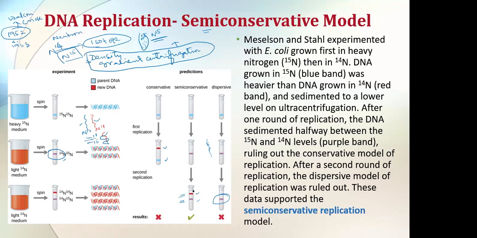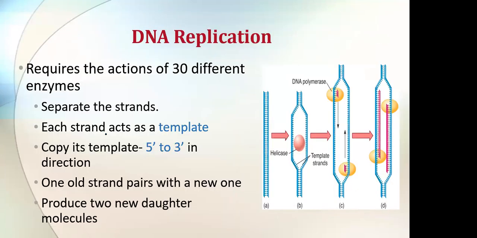But instead, we noticed that two bands are there, because one was the combination of the two and another one was the red. So that proved that it is a semi-conservative type of replication. And this is a very famous experiment that proved that our DNA replication follows the semi-conservative model.